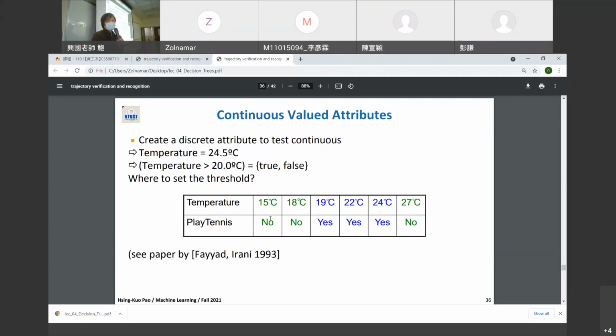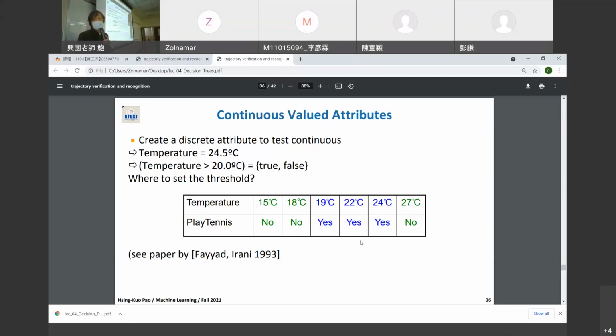Suppose given several values, and that's the result. How do we decide the best cut point?